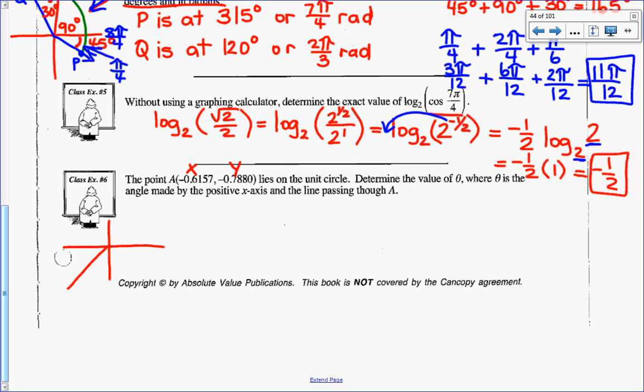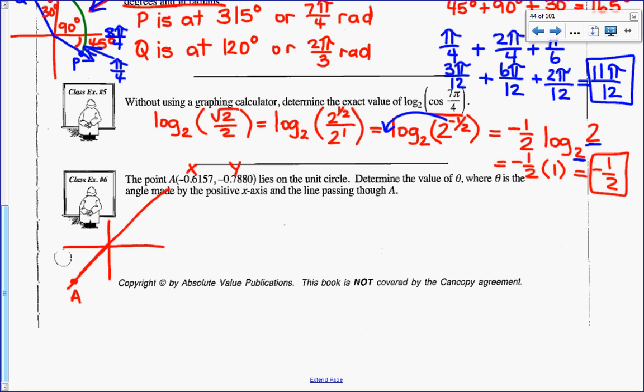Okay, so I've got an angle here, and they're trying to find the value of the angle where the angle is the angle made by the positive x-axis and the line that passes through this point A. Okay? So what they're really asking for is this line that passes through A technically would keep going like this, right?